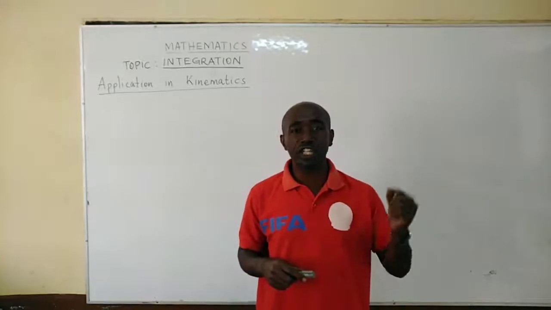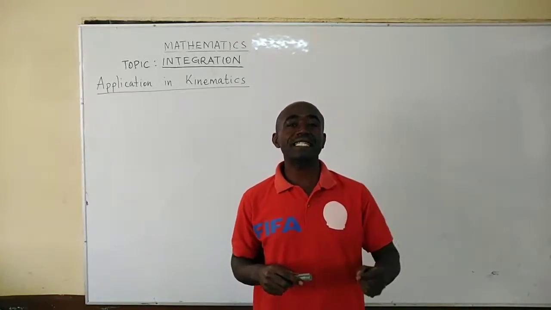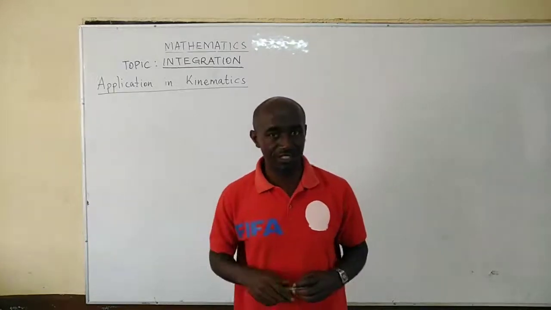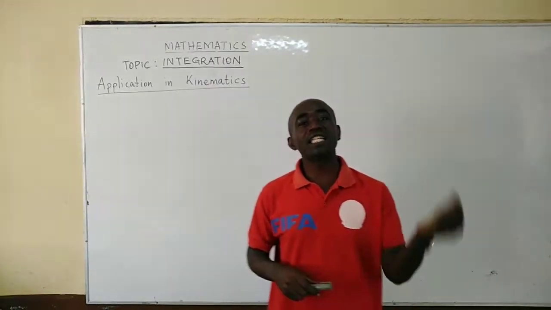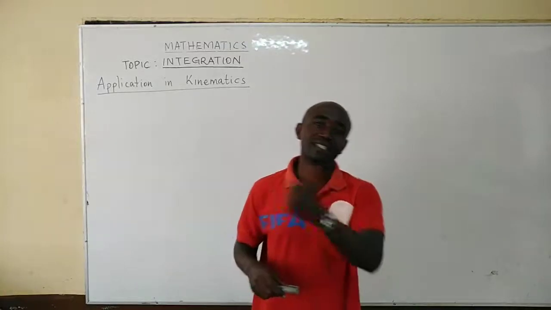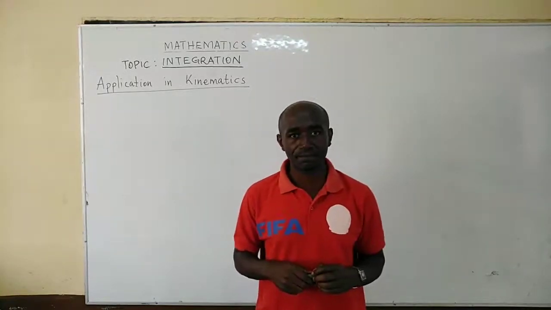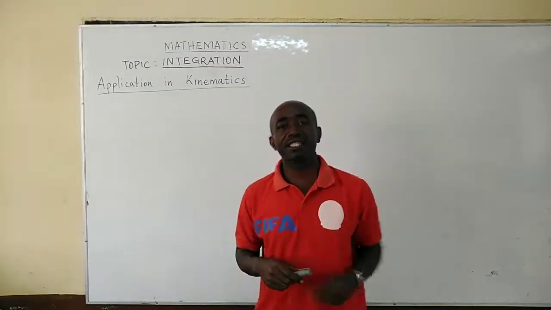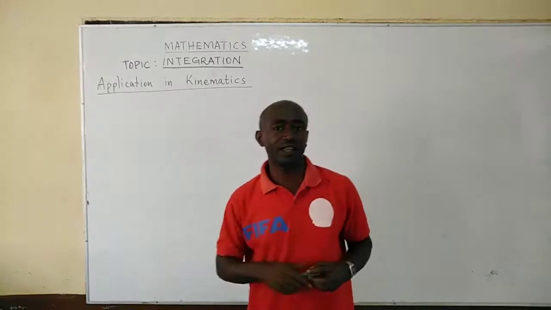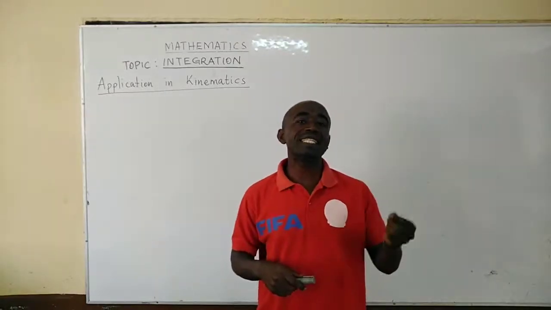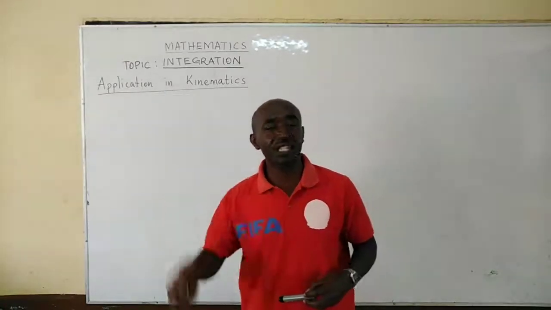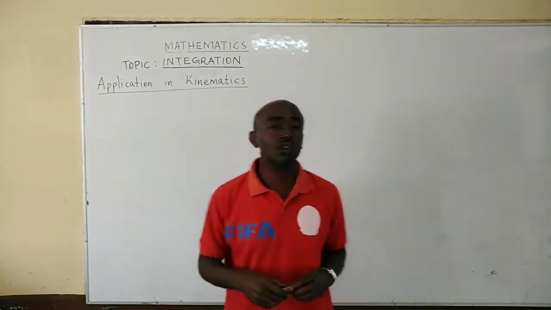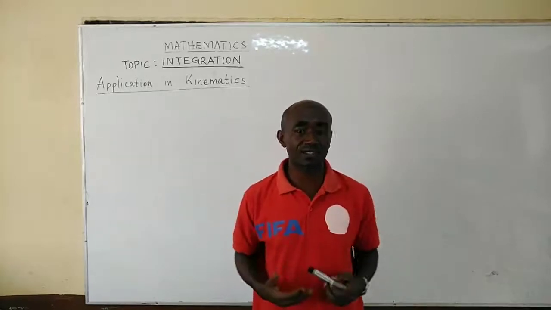If you differentiate displacement to get velocity, then you will integrate velocity to get displacement. And if you differentiate velocity to get acceleration, then it means you will integrate acceleration to get velocity. That is what the basic concept is under this.